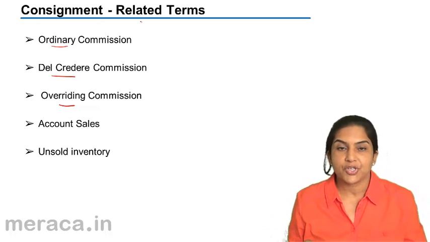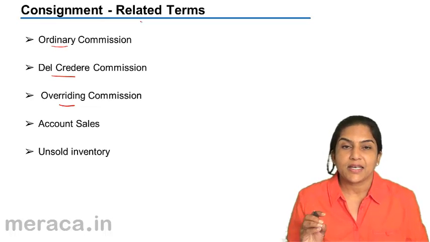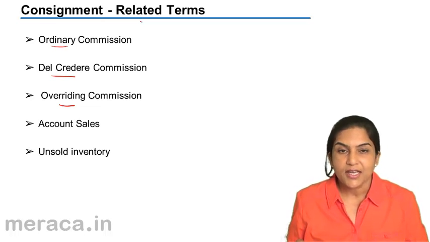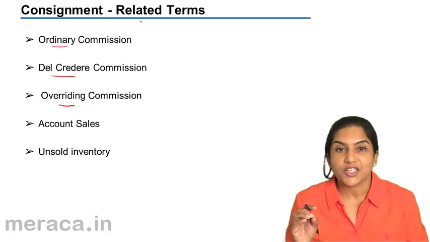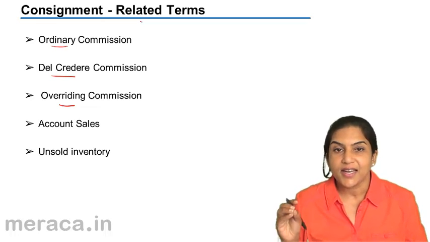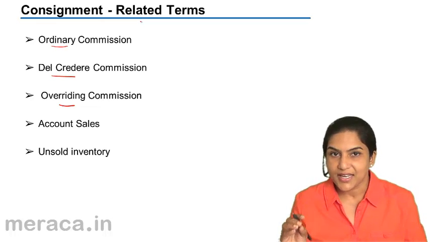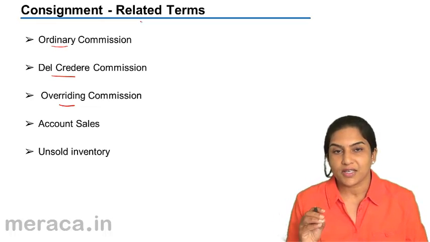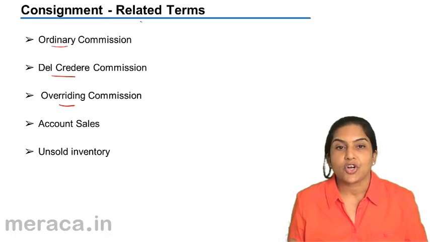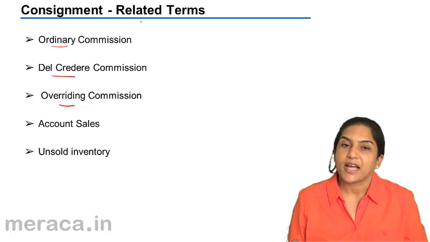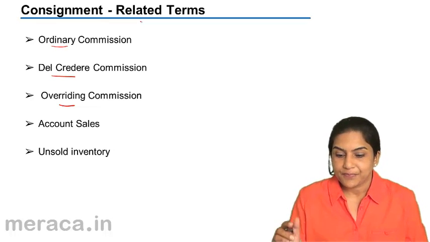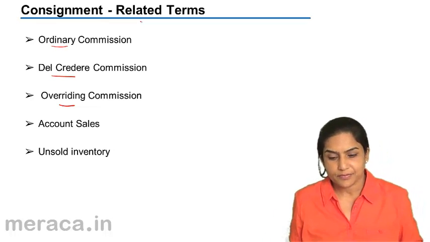This is the commission paid by the consignor to the consignee for the service of sale that the consignee does on behalf of the consignor. So the consignee is selling goods for the consignor and therefore gets a commission that is called ordinary commission, calculated on total sales.